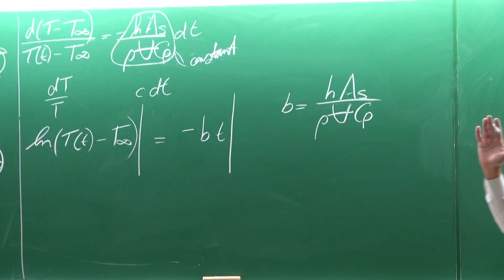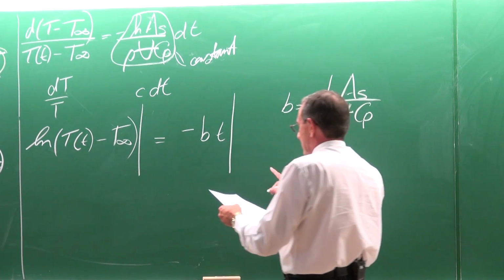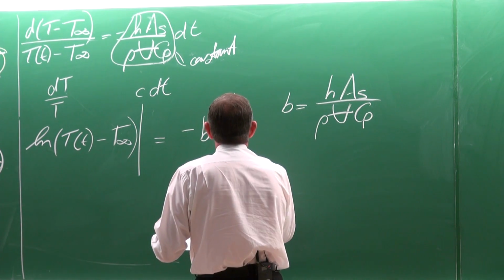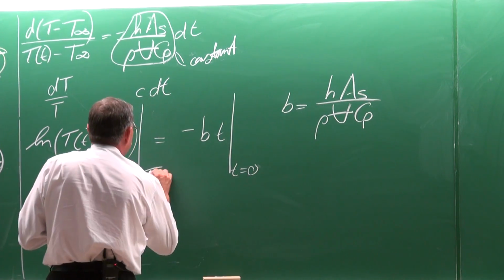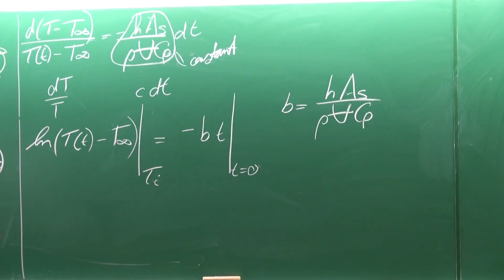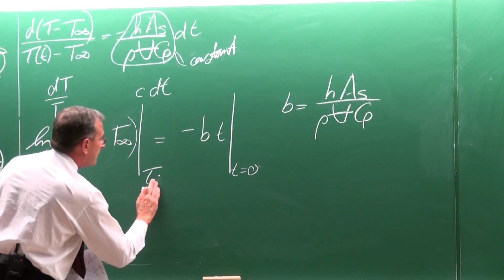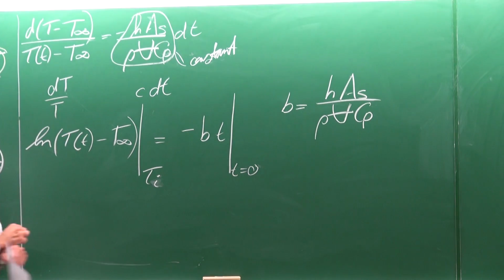It's just the constant. In the integration, when t is equal to 0, then this temperature is equal to Ti. You agree? So that temperature is Ti, t equals 0.